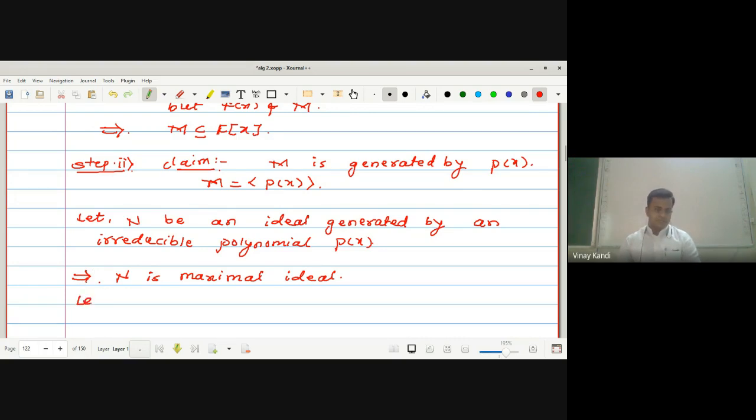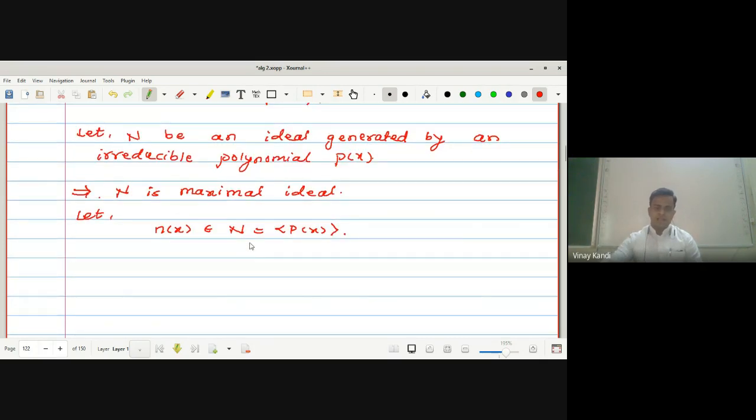So let small n of x belong to N, which is equal to the ideal generated by P of x. Okay, if capital N is the ideal generated by P of x, and n of x belongs to capital N, this implies n of x is equal to P of x into some polynomial r of x, where this r of x belongs to capital F of x.